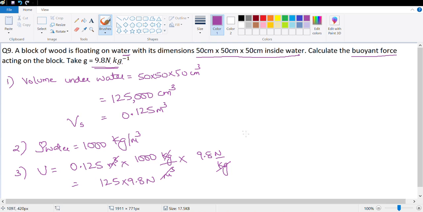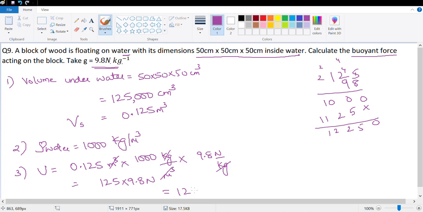Yes, that's 125 into 9.8 Newton. Now we'll have to multiply 125 into 98, which gives 12250. How many decimals? 1. So that's 1225.0 Newton. Therefore, buoyant force is equal to 1225 Newton.